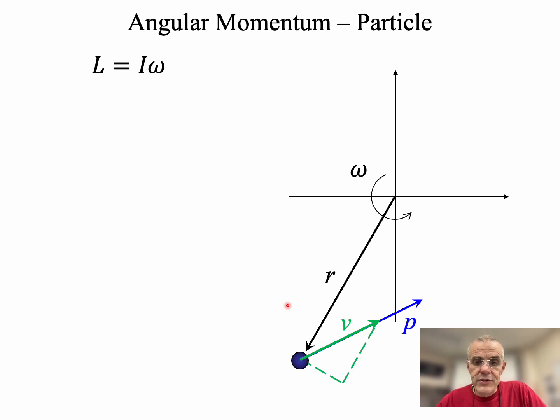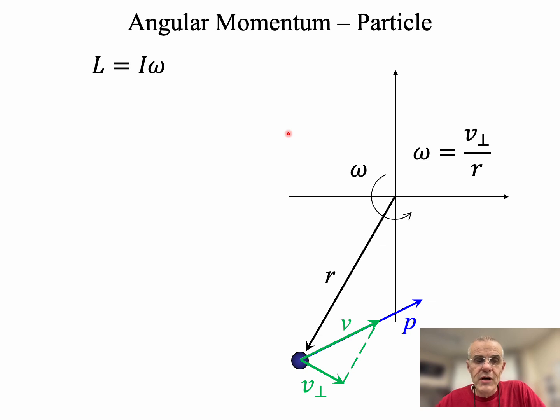If I want to, I can draw some components on that velocity vector. And one of those components is perpendicular to r. And if we look at this diagram, I've got v perpendicular to r, I have omega. Instantaneously, omega would relate to those quantities. Omega would be that perpendicular velocity component divided by r.